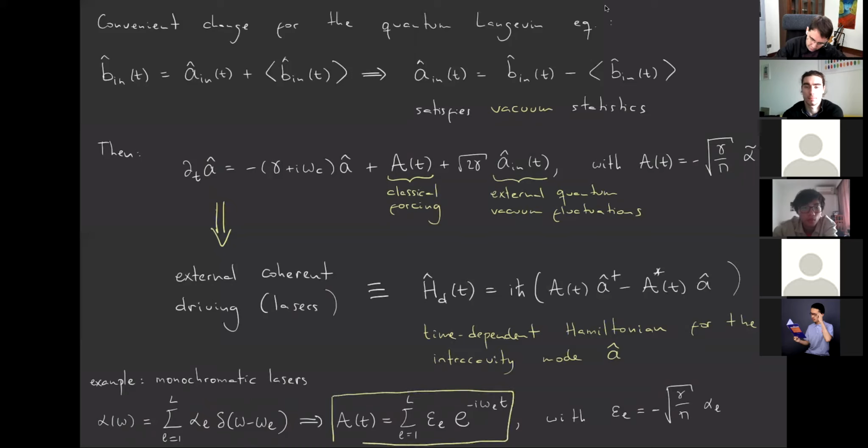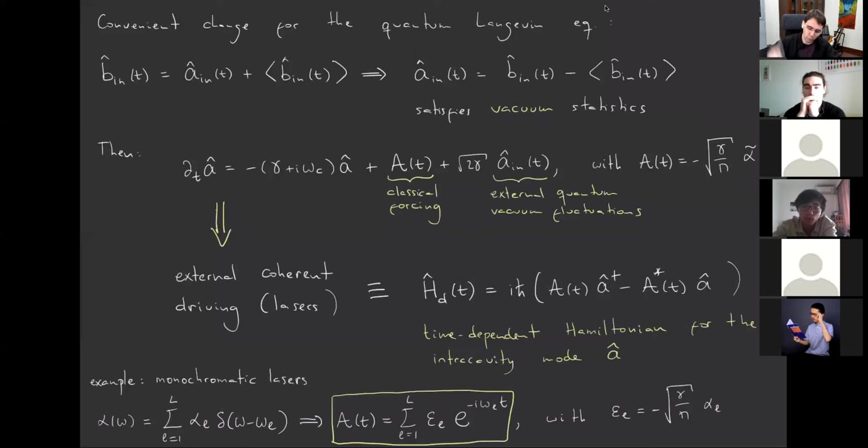that at the end of the day, when we are driving with a perfectly periodic monochromatic field at frequency omega L, this is equivalent to a force that is periodic as an exponential of minus i omega L t, okay?